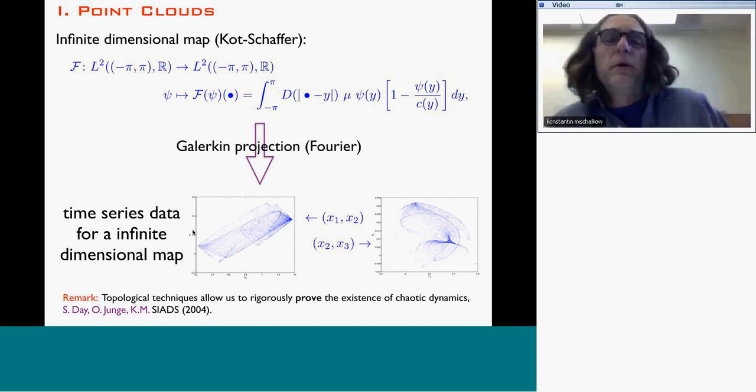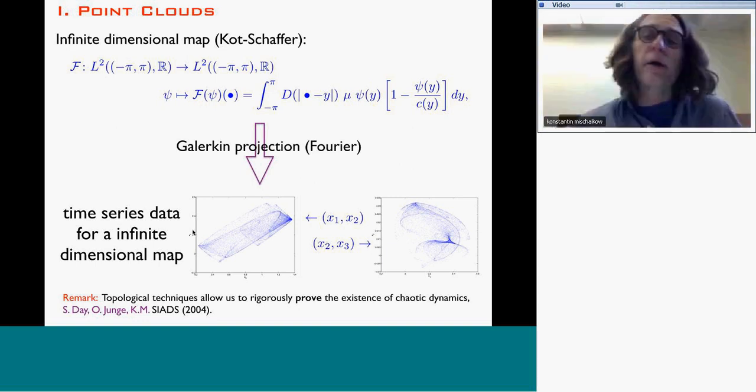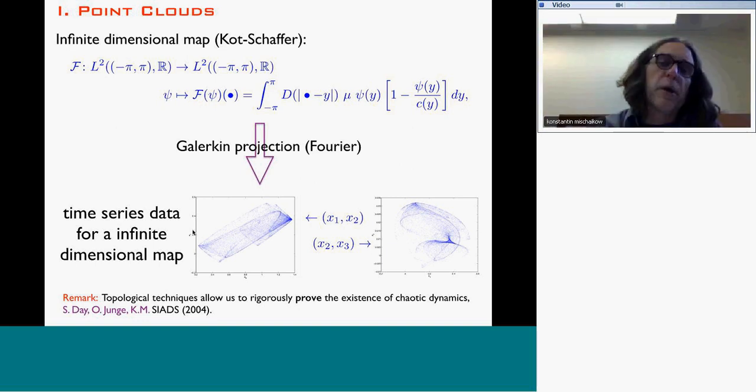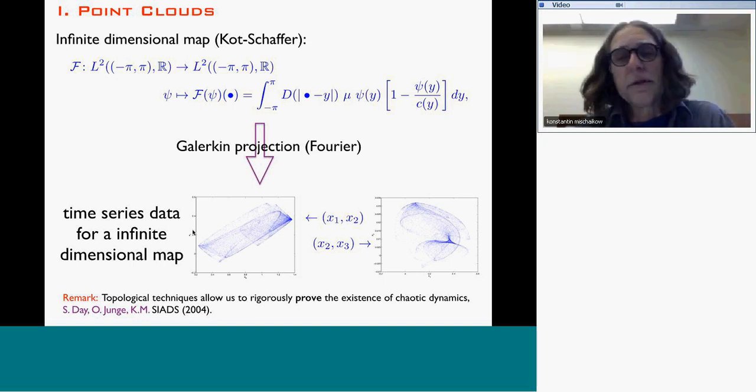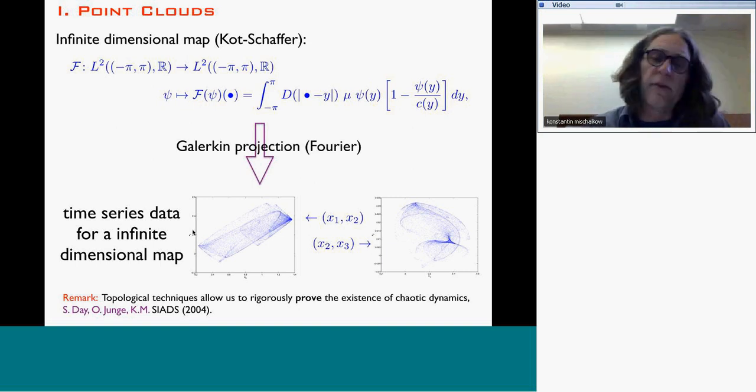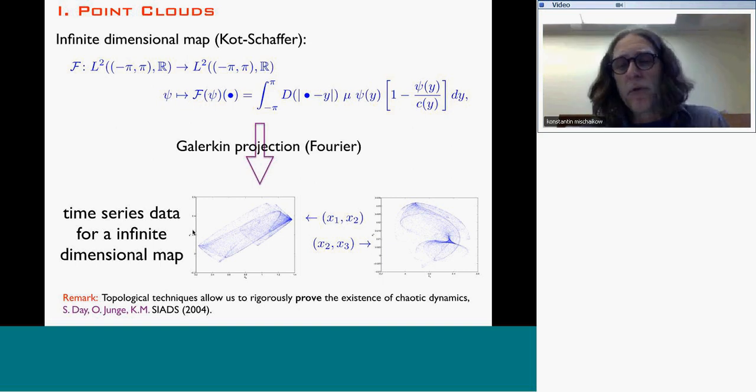It needs estimates of the errors that one's making by the numerical methods, the error one makes by the Galerkin projection, so one has to do some analysis ahead of time. But one can then use purely topological methods, which I'm not really going to talk about during this presentation, to really rigorously conclude that this does exhibit chaotic dynamics. For those who know what it means, what one says is that there is a subshift dynamics where the log of the eigenvalue is positive.